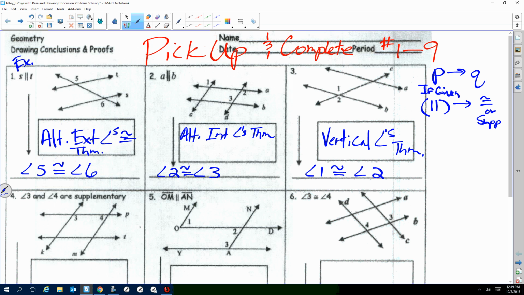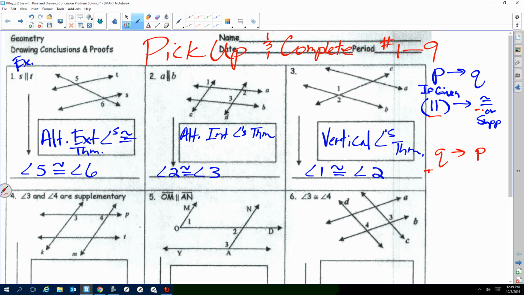Now, recap, just a review. What is it called when we go Q to P? Converse. Okay, so this first one is our conditional. You're going to use the converse to prove lines are parallel. Meaning, I'm going to take what I have up here and switch it.